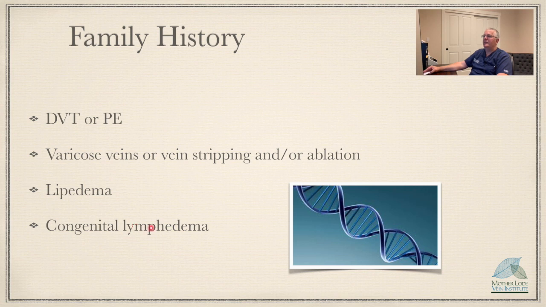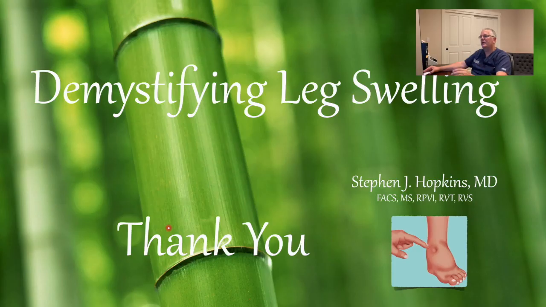And then lipedema is very familial in that it's always passed on from mother to daughter, not to the sons. The men don't get lipedema. It's not fair, I know. And then there's congenital lymphedema, as we talked about, with primary lymphedema. So I take quite a bit of a family history.